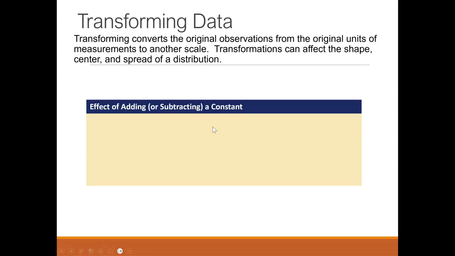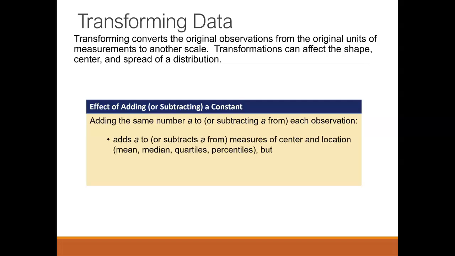If I'm adding or subtracting a constant to my data set, that's going to add that constant also to the measures of center. So means or medians will shift. Your measures of spread will not, because if your data set goes from here to here and we add the same amount to everything, it's just going to move over. Did it spread out at all? No, it's just in a new location.